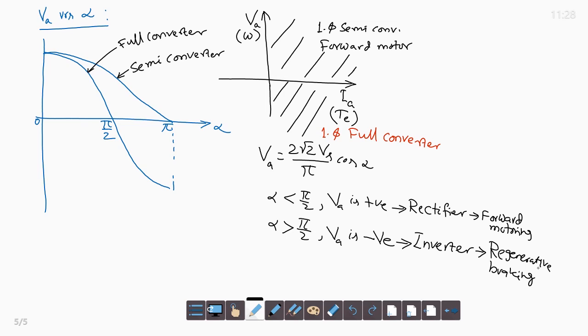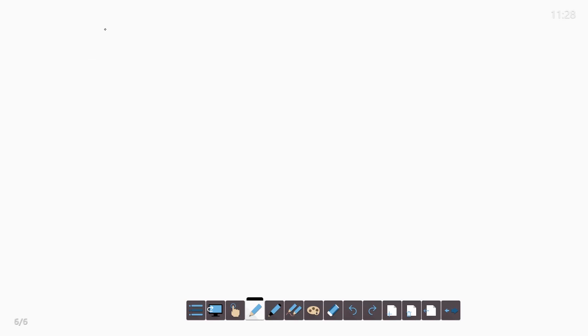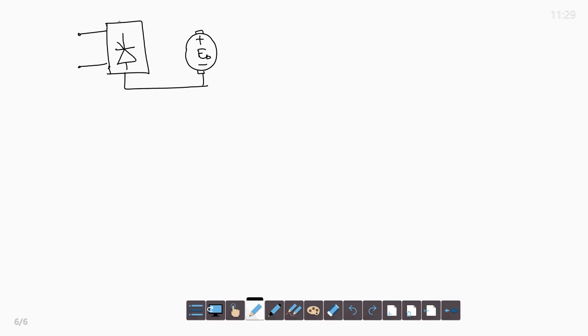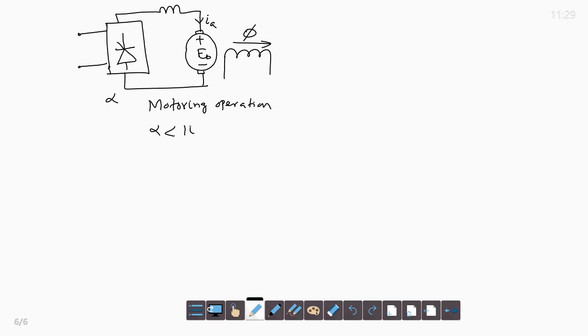So let us understand in more detail how this happens. The field flux is like this, polarity is shown, and back EMF polarity is shown, and motor draws current IA. This is for motoring operation. Firing angle alpha is less than pi by 2, corresponding to rectification mode.